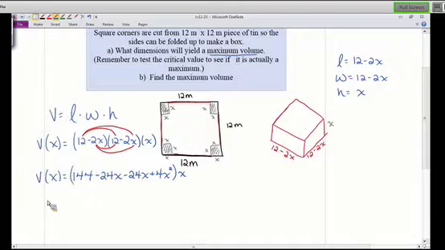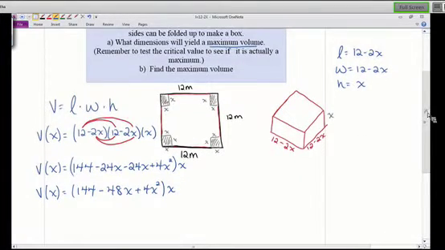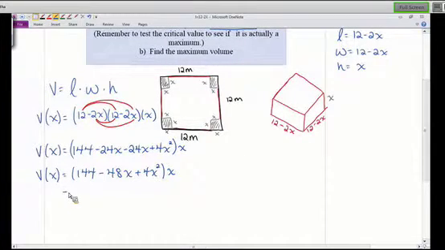Continuing and simplifying, negative 24x and negative 24x combine to give us negative 48x, plus 4x squared, and we're multiplying that by x. Now, getting rid of our parentheses, let's distribute x into the parentheses.